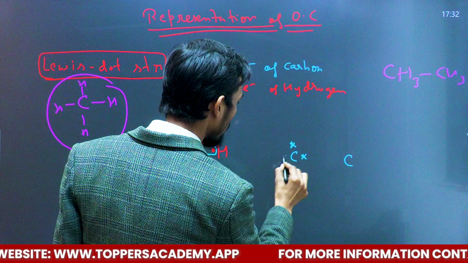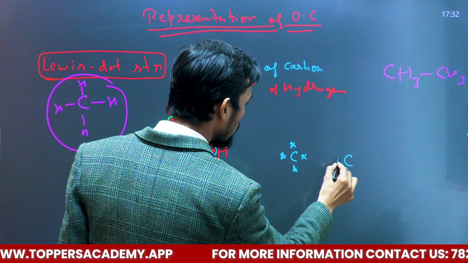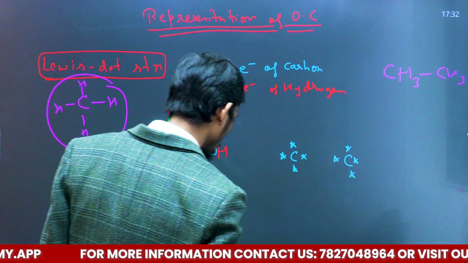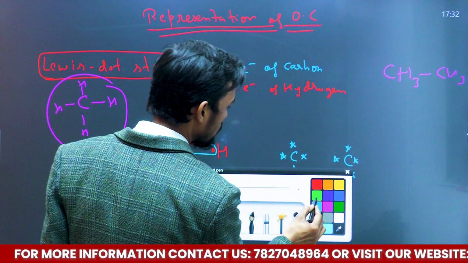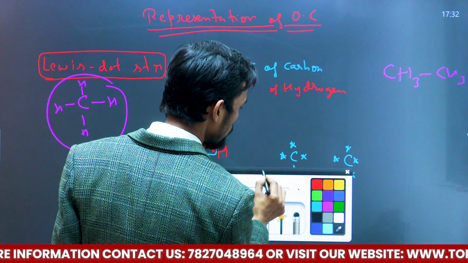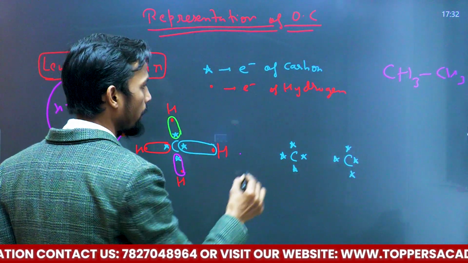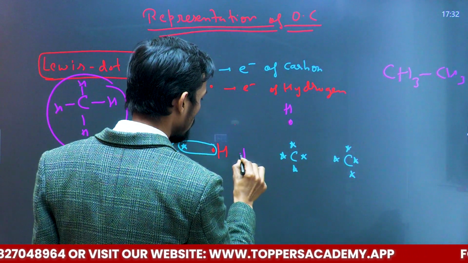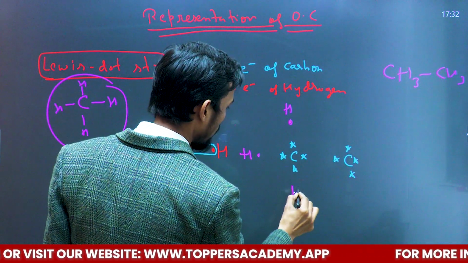All the electrons of carbon are represented by this star type which I have drawn. It's just the way of representation only, and the hydrogen electrons are represented by dot.